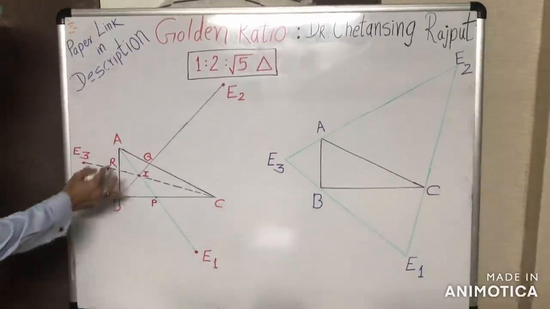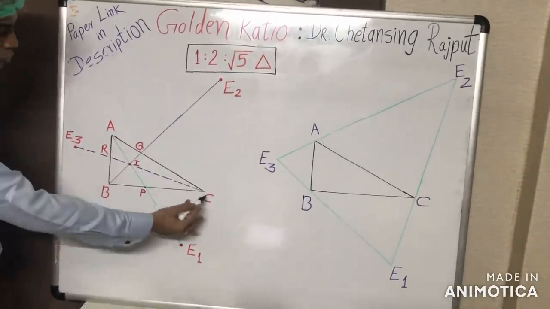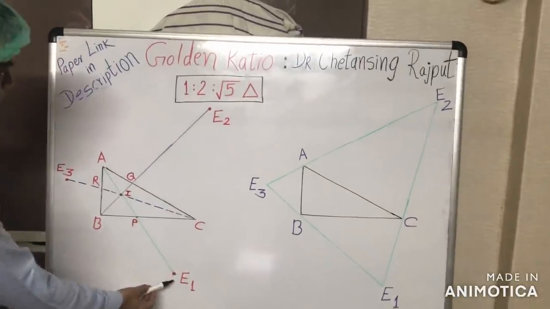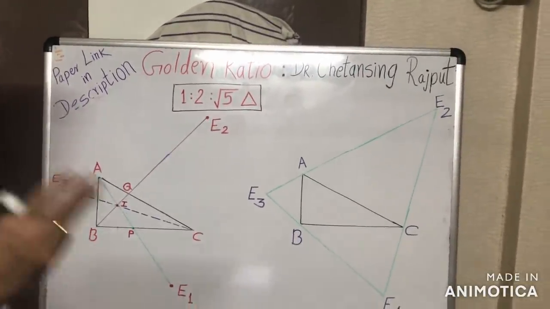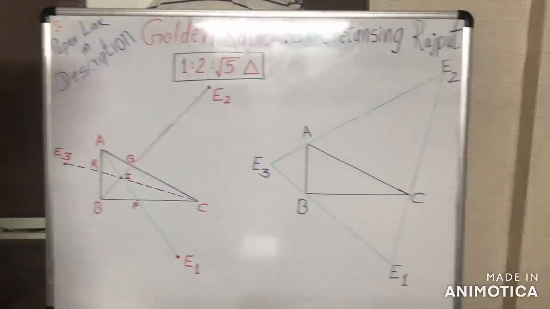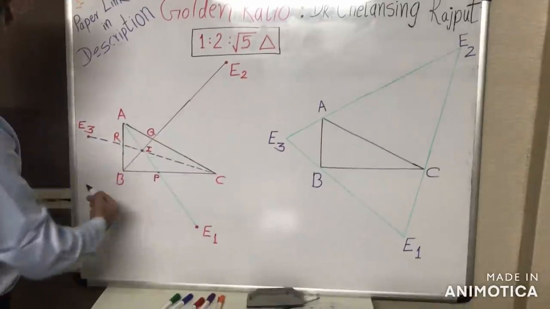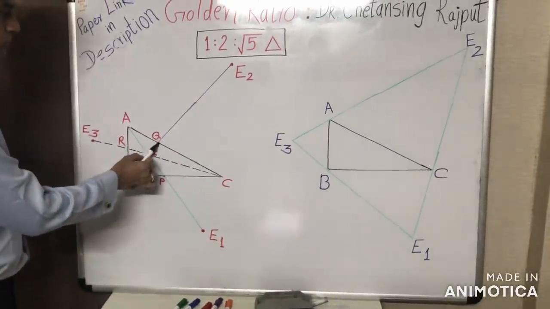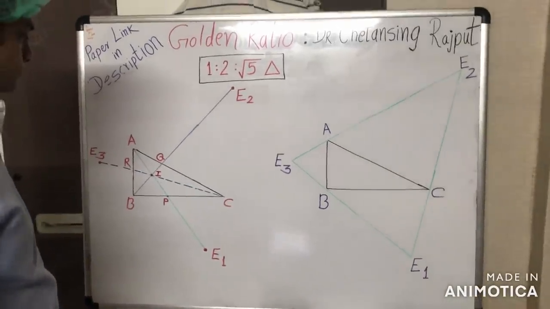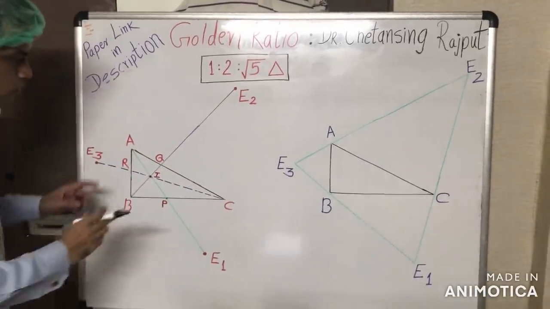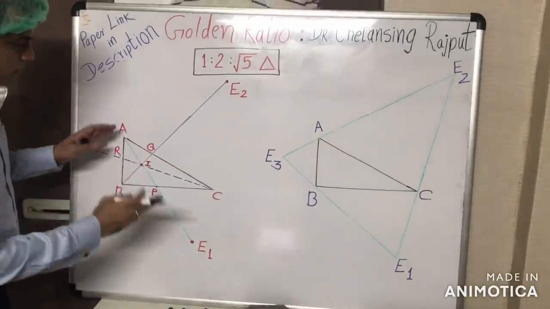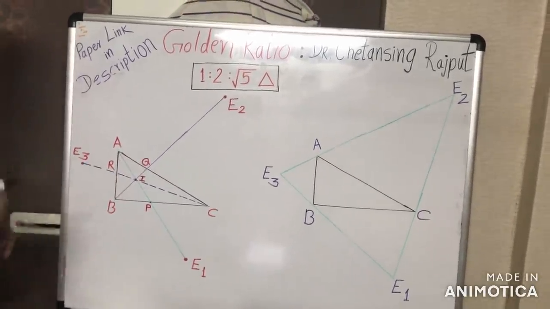Consider this triangle ABC, a typical 1, 2, root 5 triangle. I is the in-center and E1, E2, E3 are the 3 ex-centers. These points P, Q and R are the points where the 3 angle bisectors intersect their corresponding opposite triangle sides. Now let us see how the golden ratio is embedded in various segments of the 3 angle bisectors.